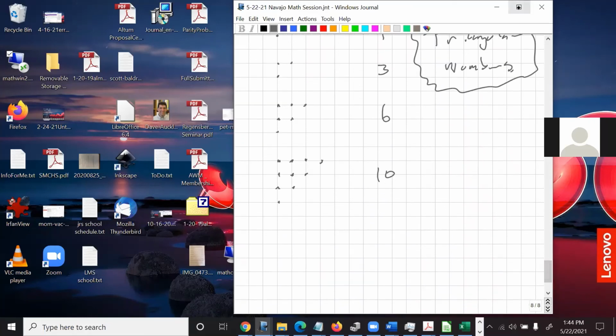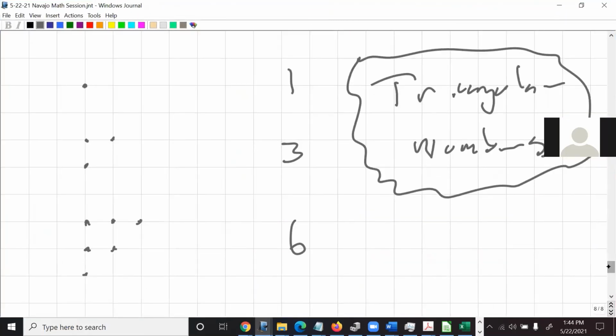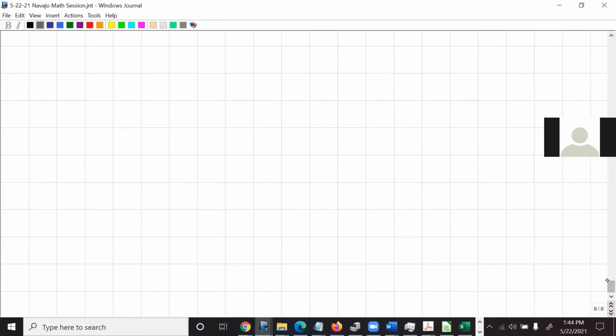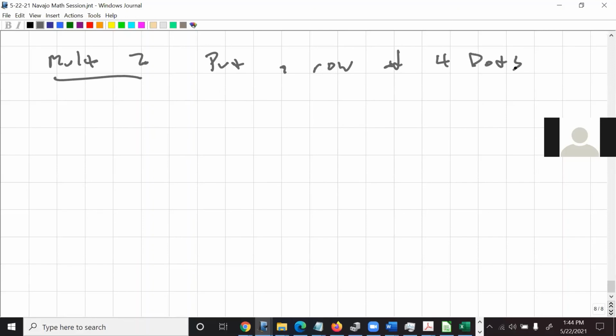Let's take, I'll say, multiplication 2. First, put a row of 4 dots. Actually, I'm going to make these much further apart.